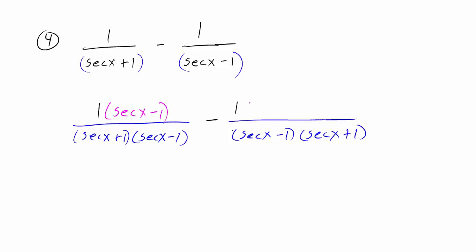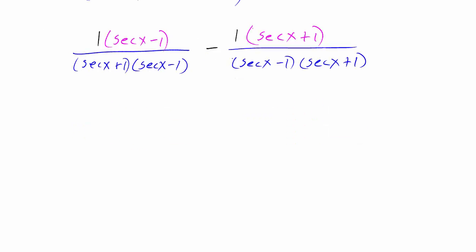So that means we need to multiply the numerator by secant x plus 1. Now here we need to be careful. We have our common denominator, so we can write all of this over secant x plus 1 times secant x minus 1. And then 1 times secant x minus 1 is simply secant x minus 1.